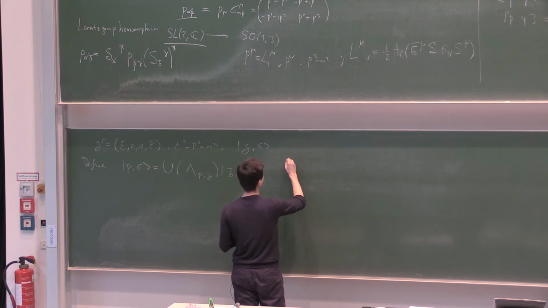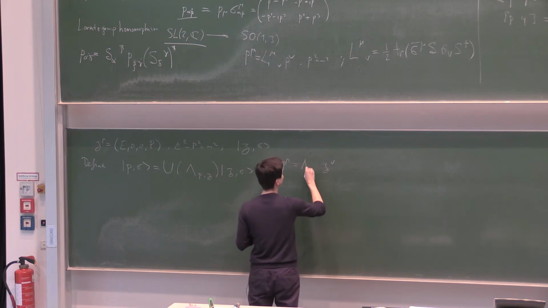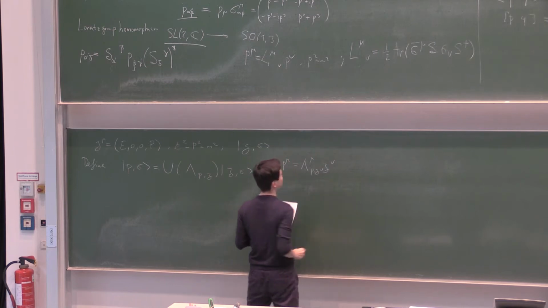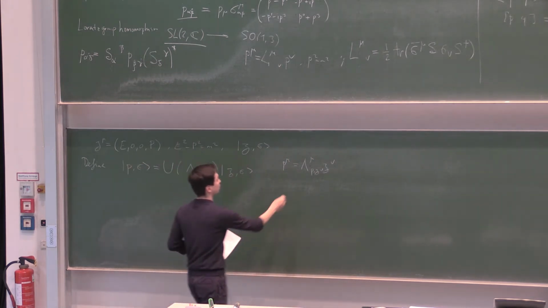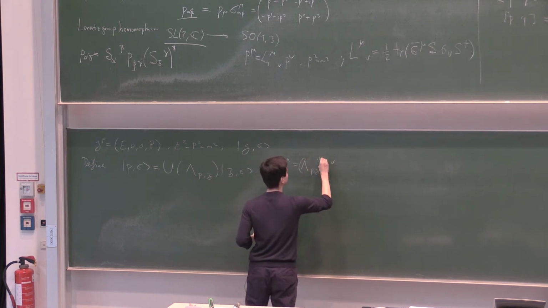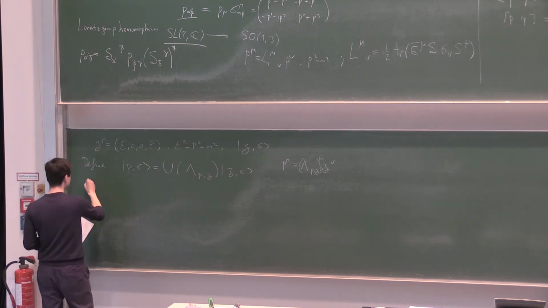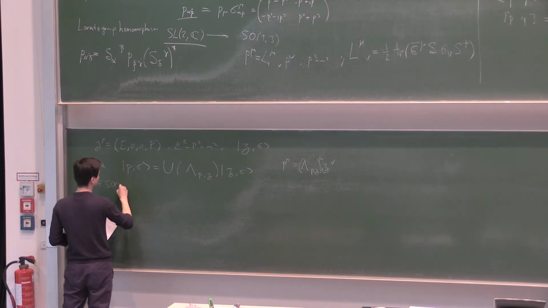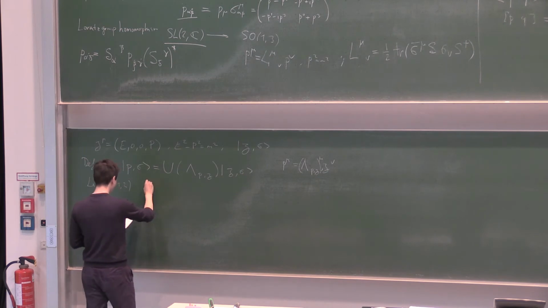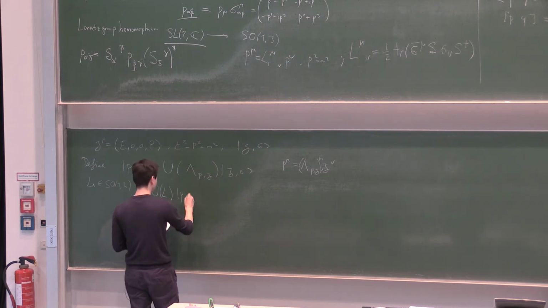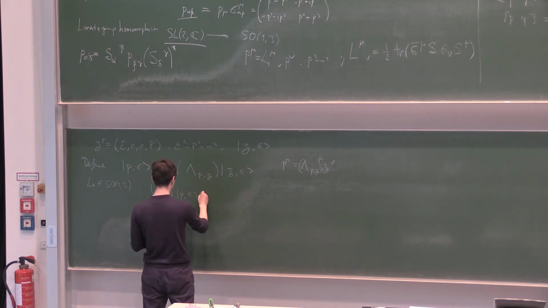So I define lambda to boost my zeta from zeta to p. Okay, so now let us just take some Lorentz transformation in SO(1,3). And let's see what happens when you act with this transformation on the state defined in this way.